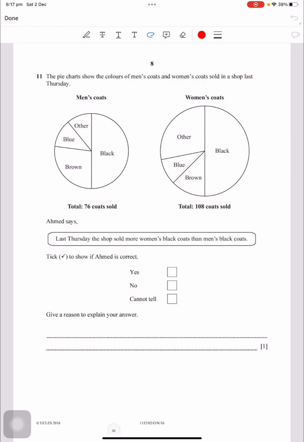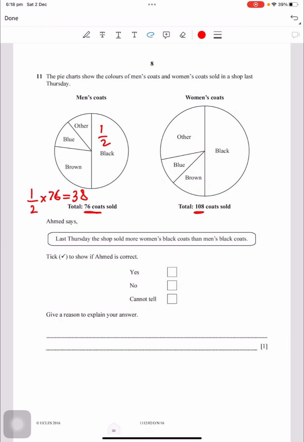Okay, so here we can see that there's 76 sold. So what we can do is we have to find the value of black coats. So here there's 1 by 2 technically here. So we can do 1 by 2 off 76, which is equal to 38. So we can write that.